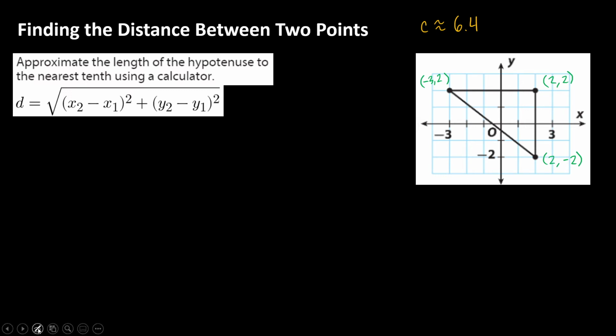We are missing the hypotenuse. Again, if this is our right triangle, this is our missing side, C. We can label this as D for distance, but we need to find the distance between this point here and this point here.